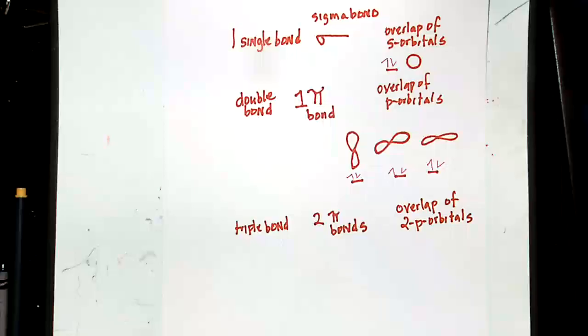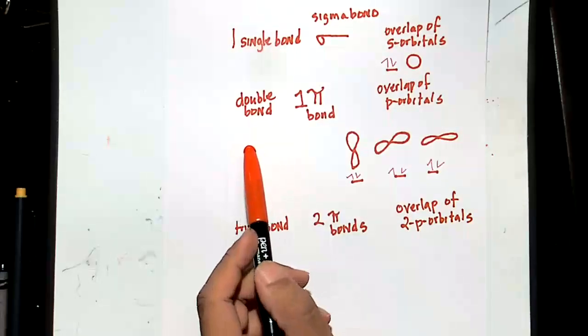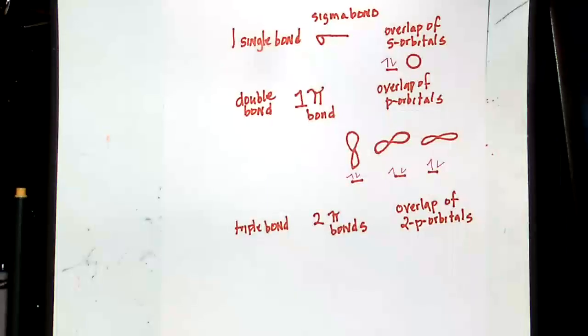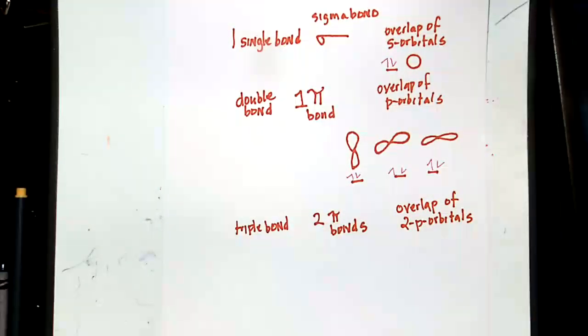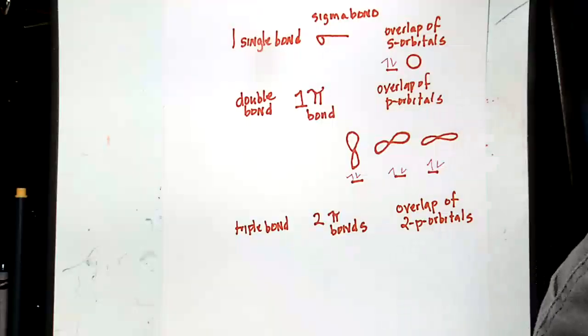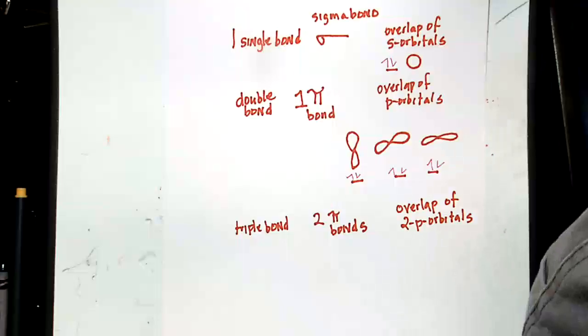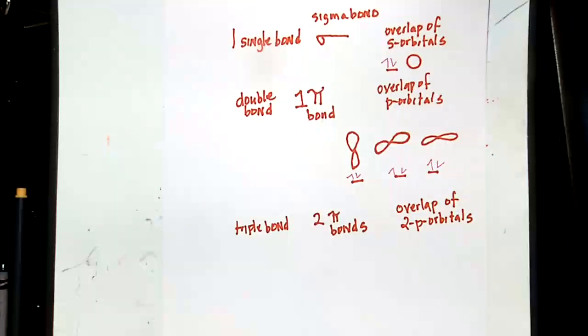All right, so if you see a single bond, think sigma. If you see a double bond, the two p orbitals from this atom and this atom are overlapping. If you see a triple bond, it is two p orbitals from this atom and two p's from this atom that are overlapping.